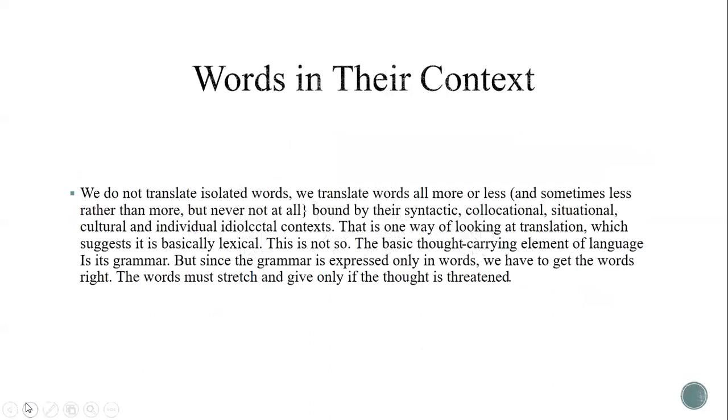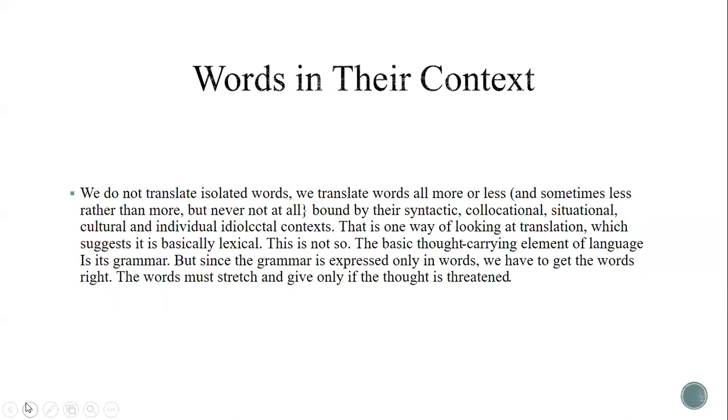Words in their context. We do not translate isolated words; we translate words all more or less, and sometimes less rather than more, but never not at all, bound by their syntactic, collocational, situational, cultural, and individual ideological context.